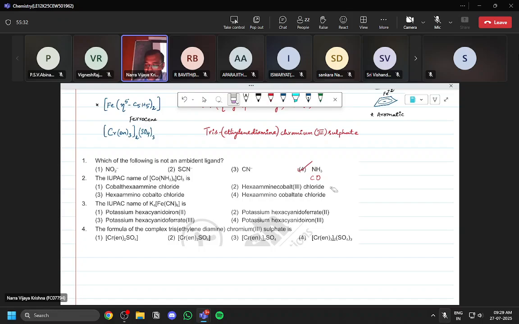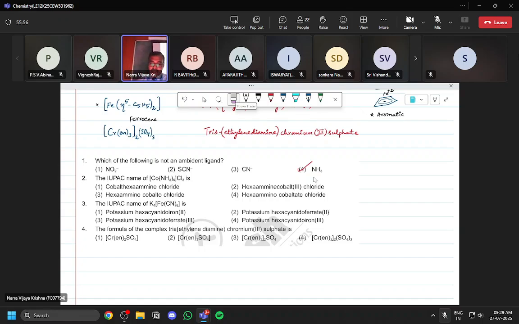Carbon monoxide is also a monodentate ligand. In carbon monoxide, which is the donor? Always carbon is the donor. Carbon has a lone pair, oxygen also has a lone pair, but always carbon only will donate electrons. It is not ambidentate, it is monodentate only.